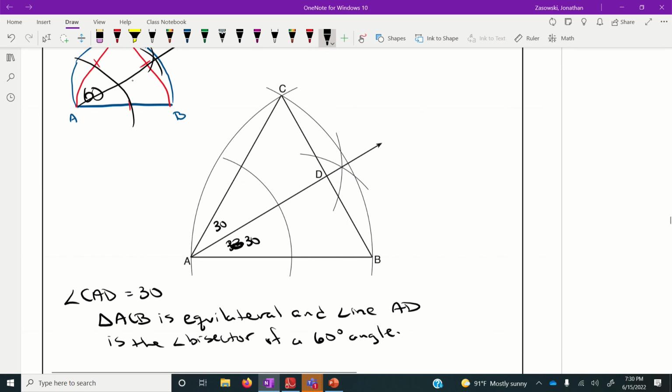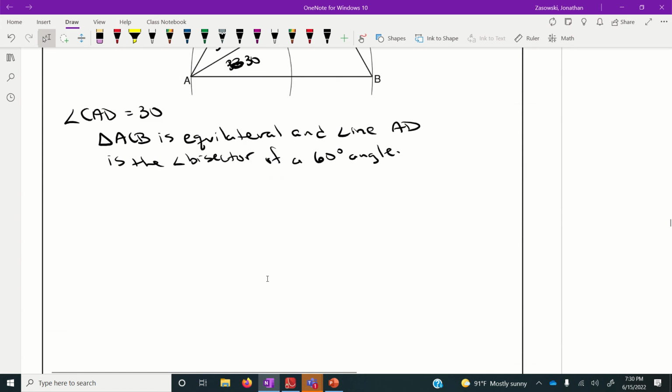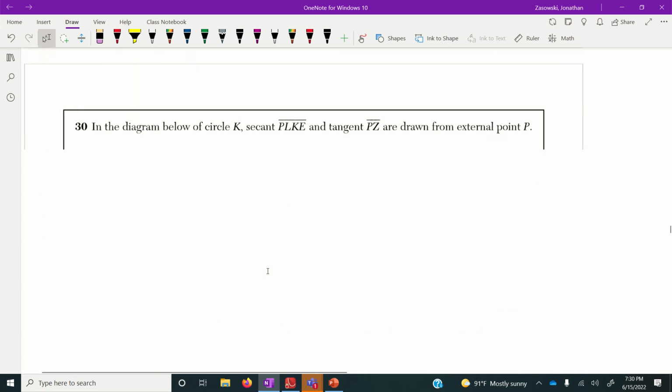And that would be enough. You can get into more specifics that this construction is creating an equilateral triangle and then bisecting the angle. But as long as you mention the fact that you have an equilateral triangle and an angle bisector, you're good. Okay, 30. I can already see circles with tangent lines.